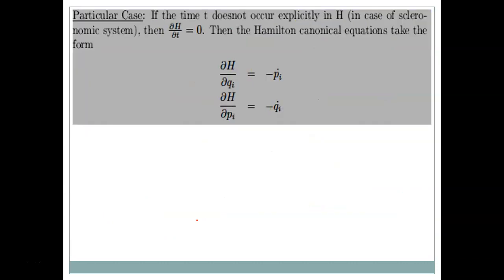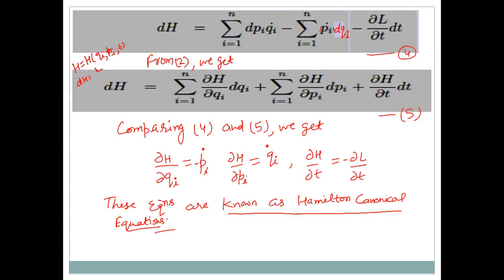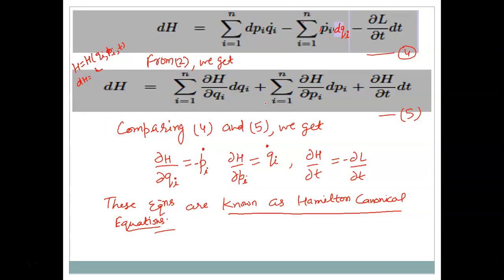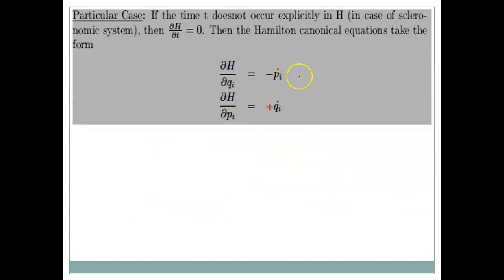Now, the particular case: if time t does not occur explicitly in the expression of H, then del H by del t equals 0, and the Hamiltonian canonical equations take this form. One equation is this and the second is this. In fact, this is minus pi dot and qi dot remains positive.